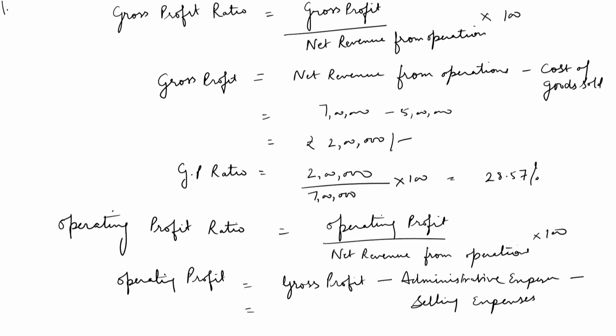So, out of gross profit we deduct administrative expenses of 50,000 and selling expenses of 60,000. The figure we get is rupees 1,10,000 of expenses and the operating profit will be 90,000.